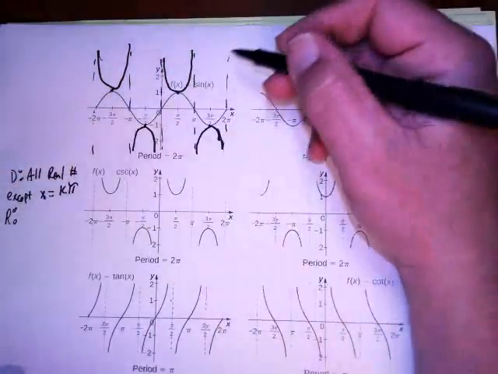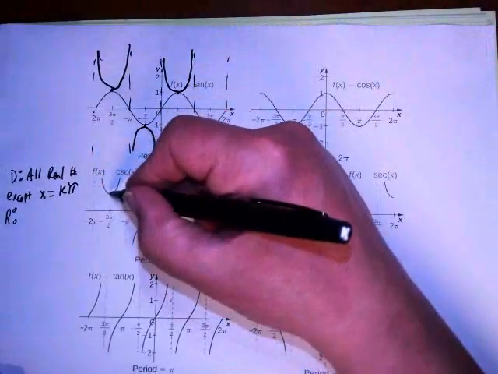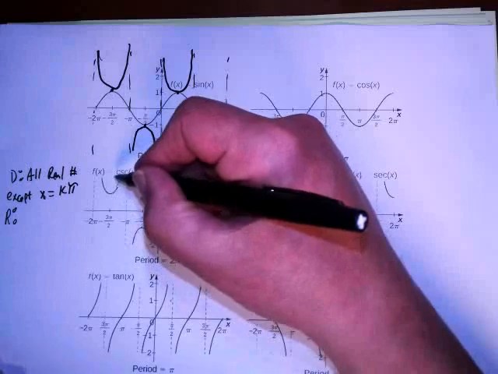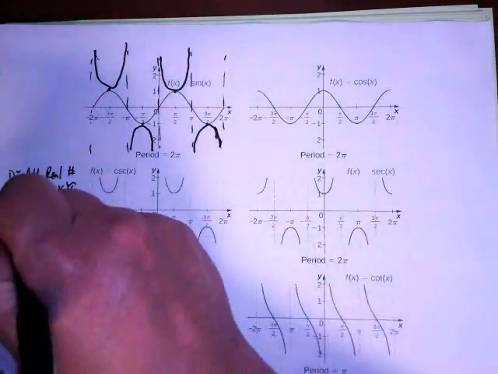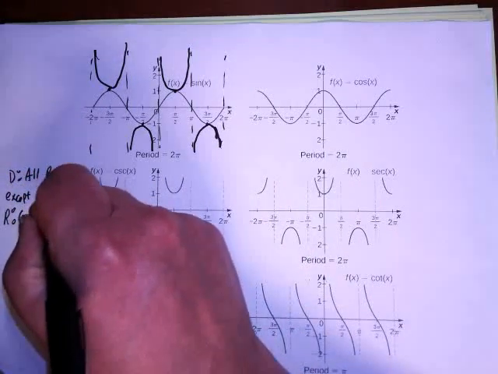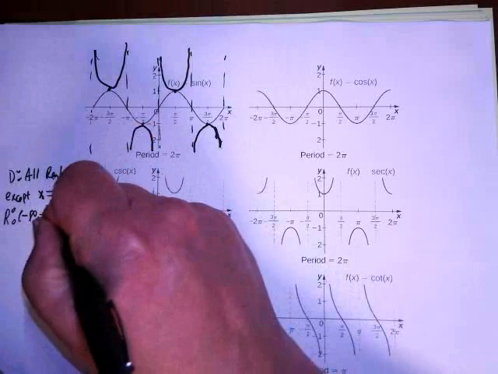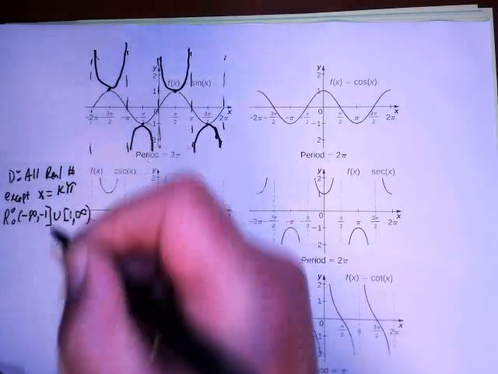The range here, well, this thing is going to go down. It'll take on 1, and then it'll go back up. And then from negative infinity up to -1 and back down. So you would actually do negative infinity to -1, including the -1, and then you would go 1 to infinity.